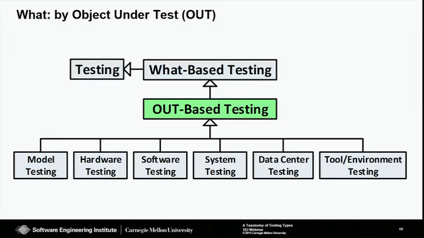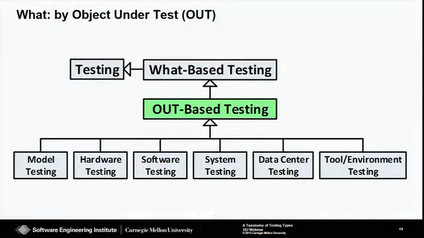You can think of this first as what kind of object is under test. What are you going to test here? People tend to think in our profession, while we're doing software testing and system testing, which are the two in the middle, it turns out that there's also hardware that needs testing as well as the software. If you have executable requirements, architecture, or design models, you can test those before there's even any code to test.